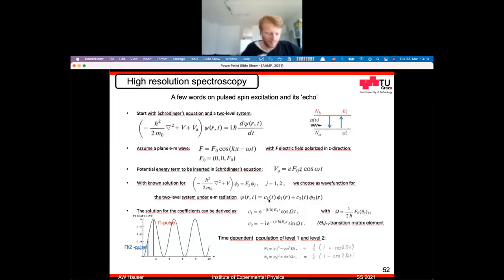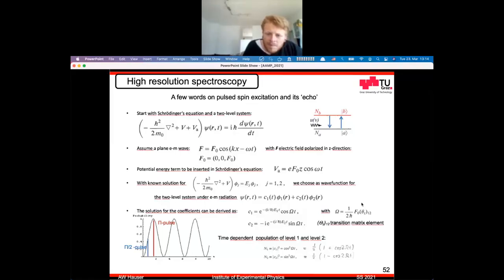But if you look at how this varies in time, you can see the coefficients themselves vary as trigonometric functions, cosine and sine, of omega t. And this omega, which appears in the argument of your trigonometric function that does the oscillation, is proportional to two things. One of them is the field strength of the incoming perturbation or electromagnetic wave, and the other is a coupling operator between the two electronic states, dependent on which type of states it is, right?